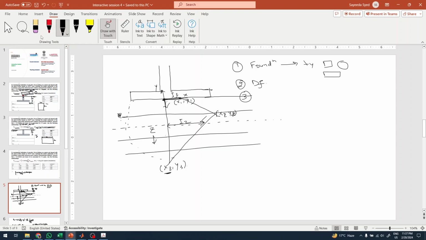Let me write it in another color. At the center of layer 1, for example, this is layer 1, this is layer 2, and this is layer 3. At the center of each layer, we will calculate the Iz value.